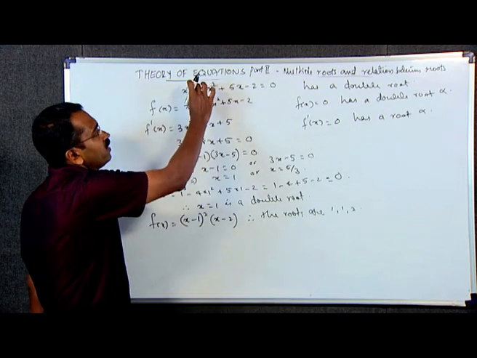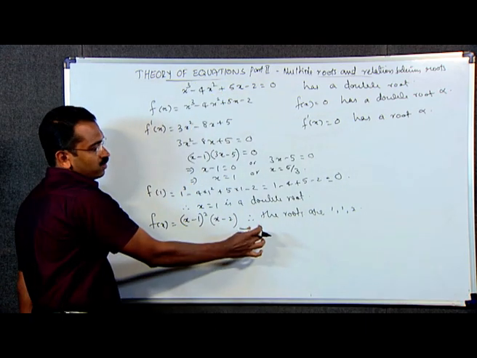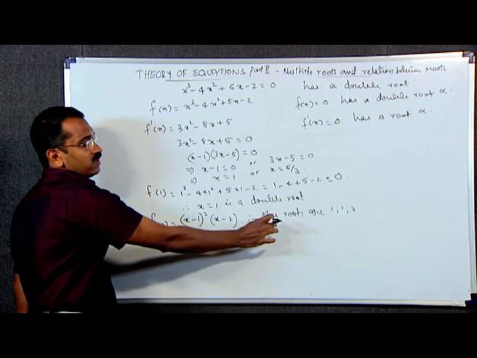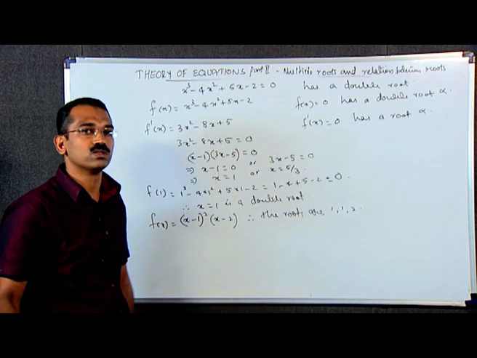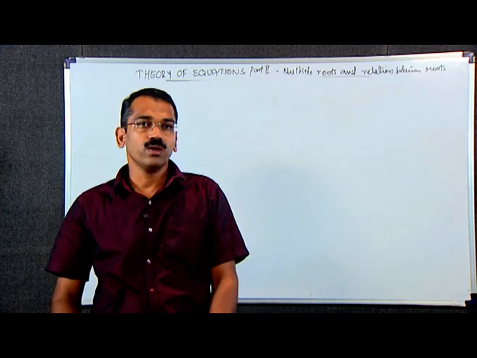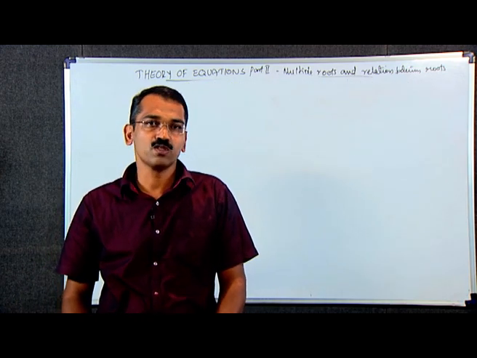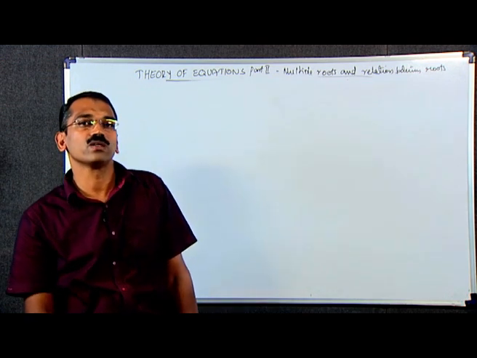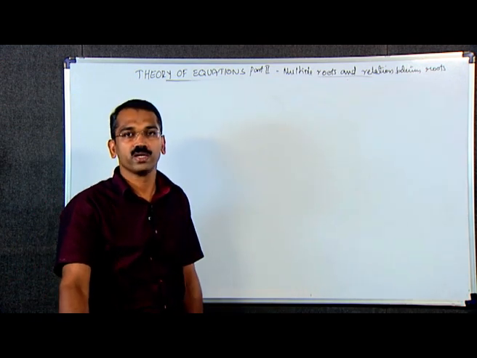The given equation is a third degree equation. Therefore, there exist 3 roots for this third degree equation. Now, we shall discuss relations between the roots and the coefficients of an algebraic equation.